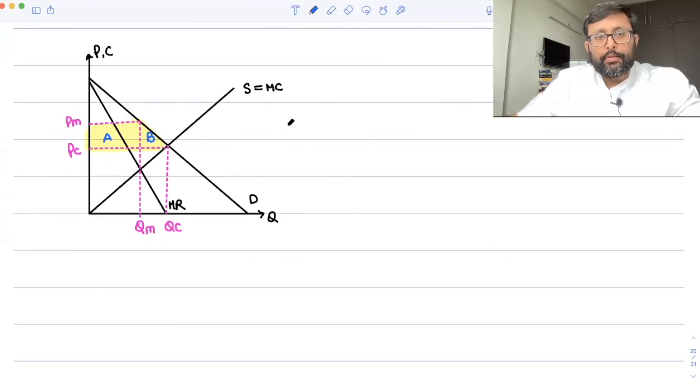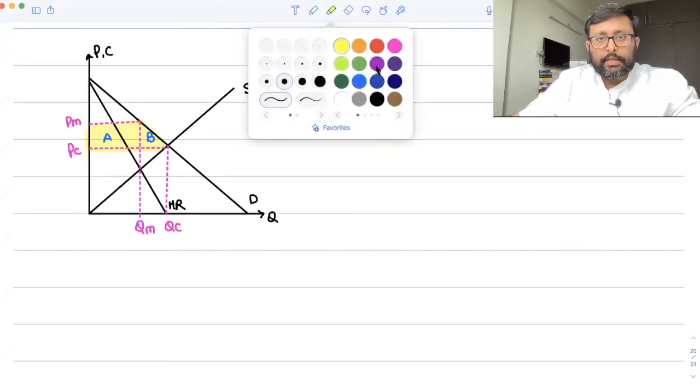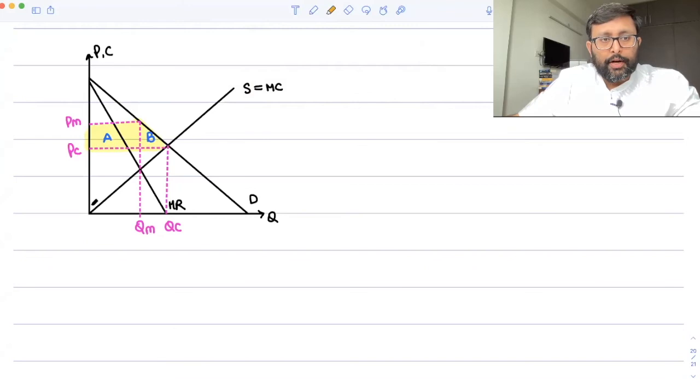So what happens is when the society is going to move from a monopoly to a competitive firm, the producer surplus for a competitive firm is this much. This much is going to be the producer surplus, but this area of the producer surplus, truly speaking, was not available when there was only a monopolist.